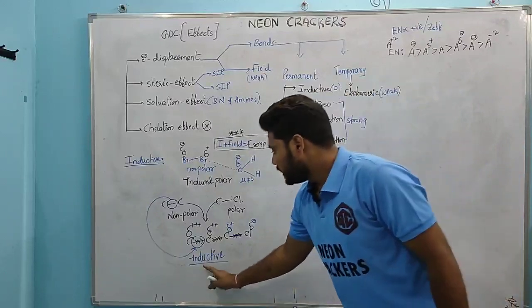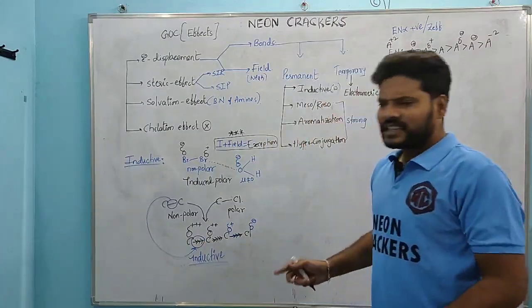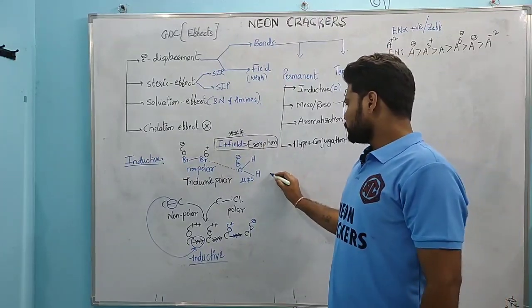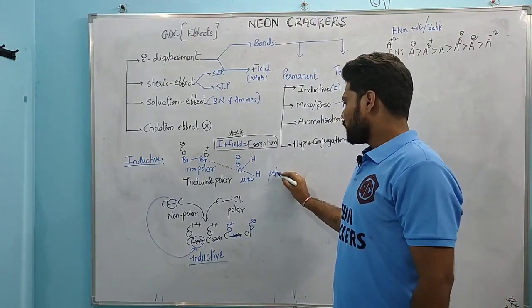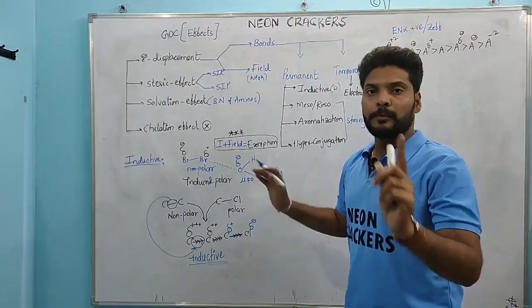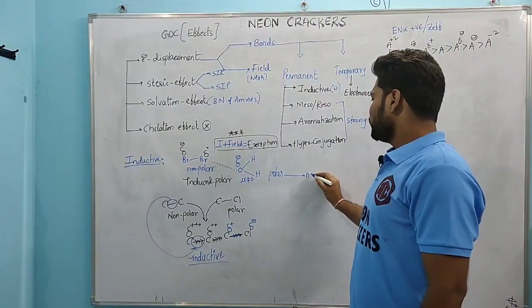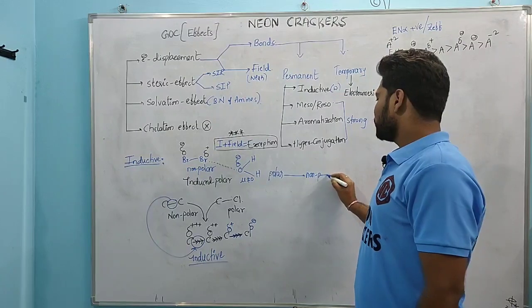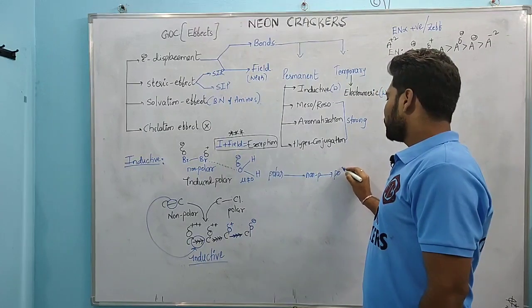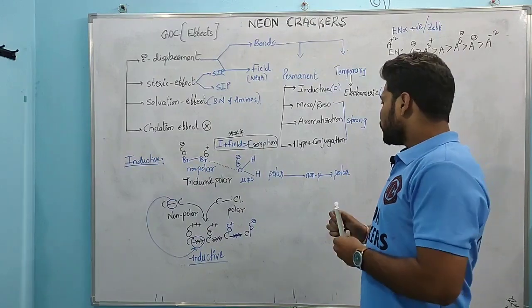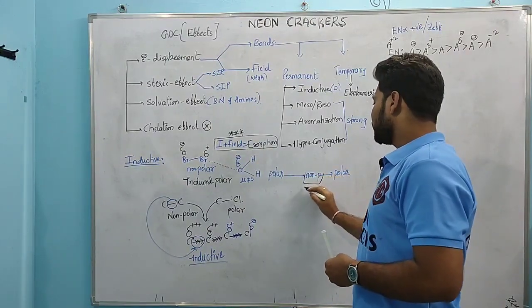What is this? Inductive effect. So what is the inductive effect in organic chemistry? Simple trick. There should definitely be one polar bond. So in the influence of the polar bond, if a non-polar bond becomes a polar bond, that non-polar bond is called inductive.